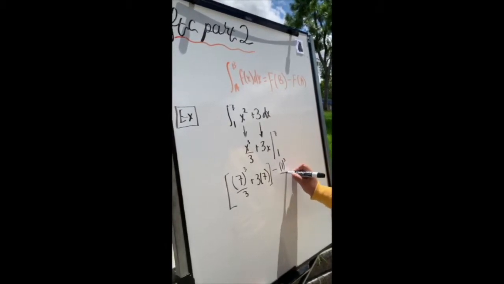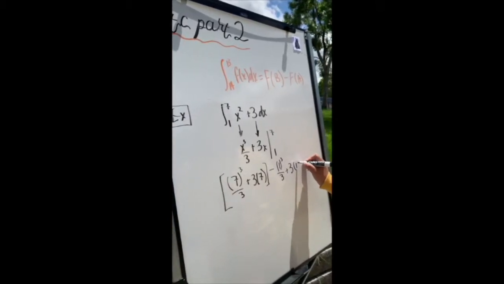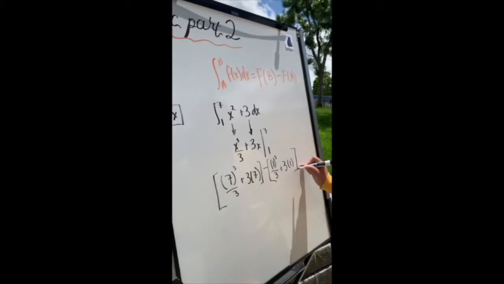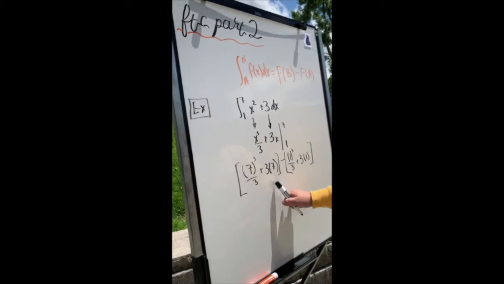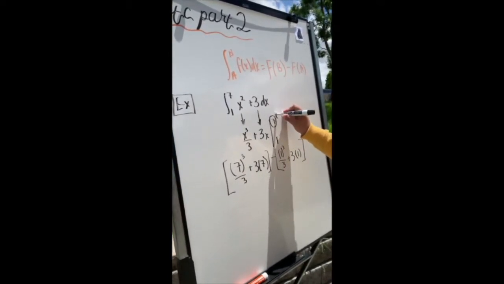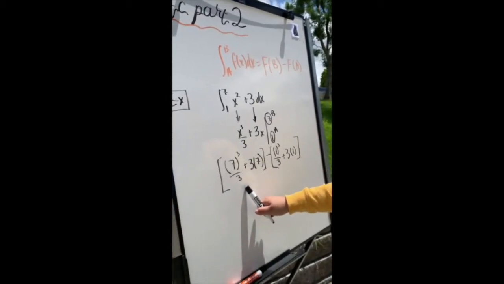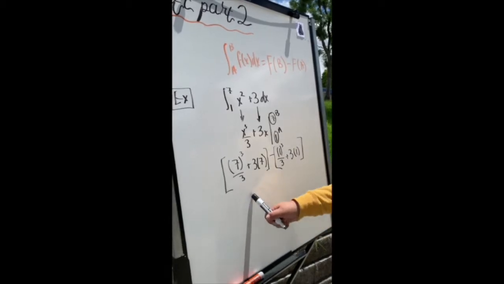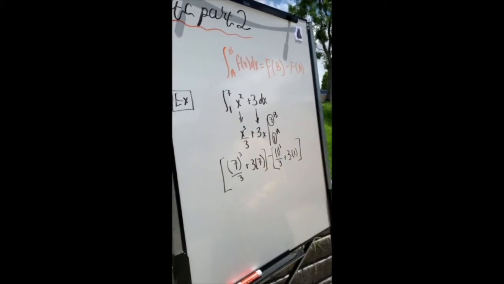This is going to be 1 cubed over 3 plus 3 times 1. Again, bracket that off just so you will not get confused. So as you see here, this is f of b. Like I said, this is our b value and this is our a value. So f of b minus f of a. Now from here you can simplify if you want, but it is not necessary.